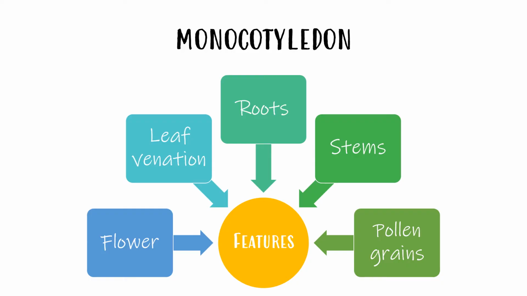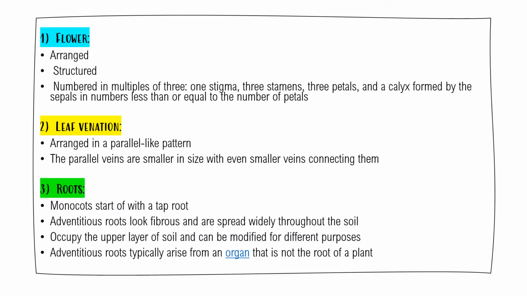For monocotyledon, there are 5 features that can be easily observed. First is flower, second is leaf venation, third is roots, fourth is stems, and fifth is pollen grains. But before that, let me explain to you guys about flowers.